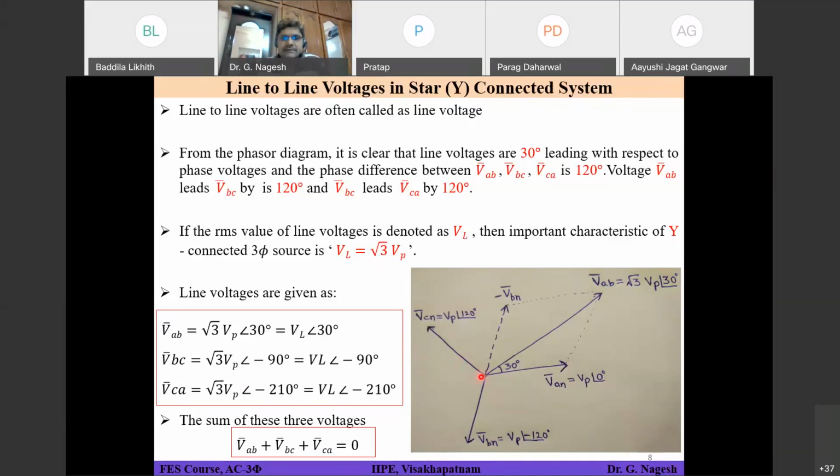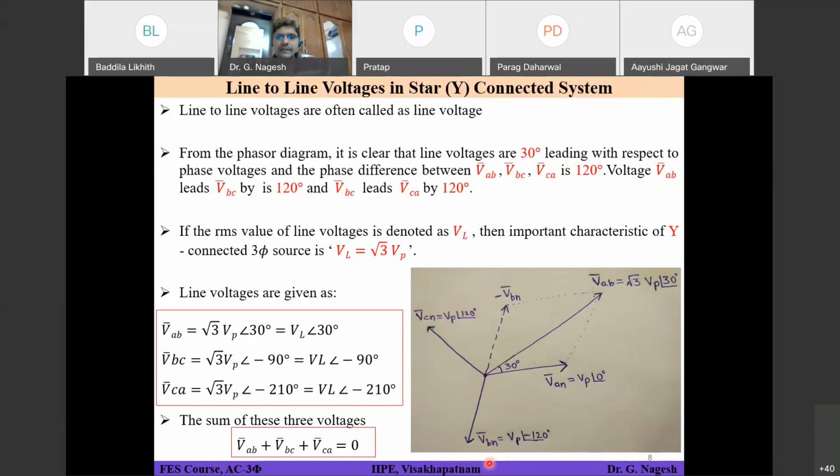So VCA will be falling in this position, and VBC will be falling exactly 90 degrees in the downward direction. Okay, so the 120 degrees phase shift between the line voltages remains. So 120 degrees phase difference will be existing even in the line voltage case also. I hope it is clear to everyone.